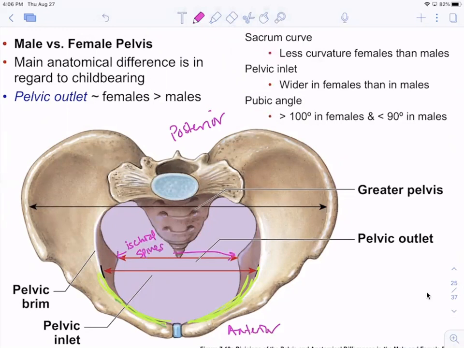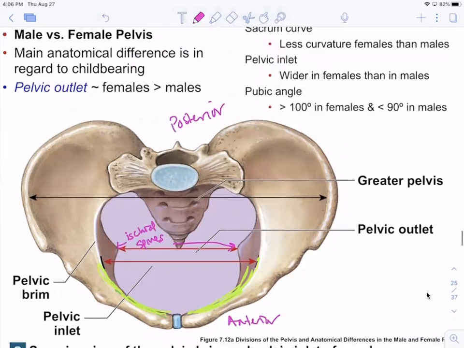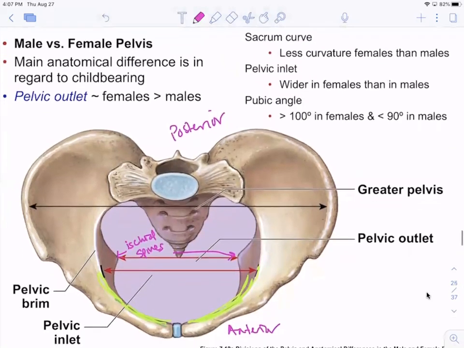So males versus females. In females, the ischial spines are farther apart because the pelvic outlet is larger. The pelvic outlet in females is this whole space here. It's larger, and so the ischial spines are going to be a greater distance apart. So this right here is females and this right here is males. The ischial spines are closer together in males than they are in females.